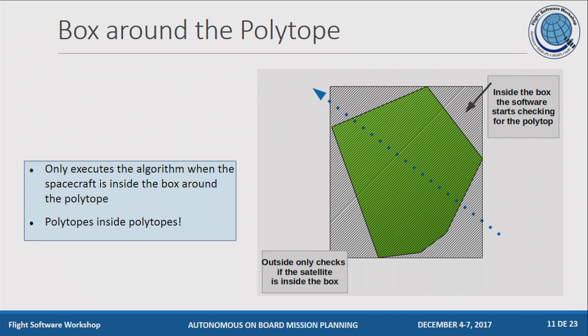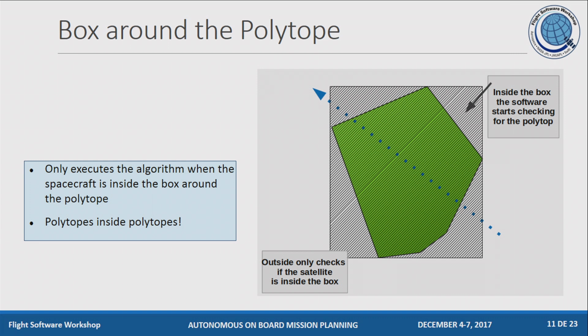It will use the minimum and maximum latitude and longitude values of the polytope. So when the subpoint is inside that area, the software will start processing the algorithm.